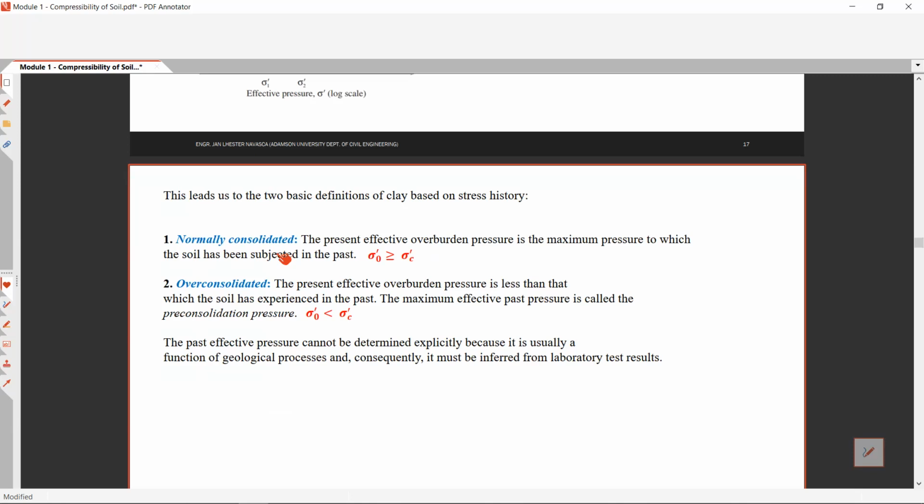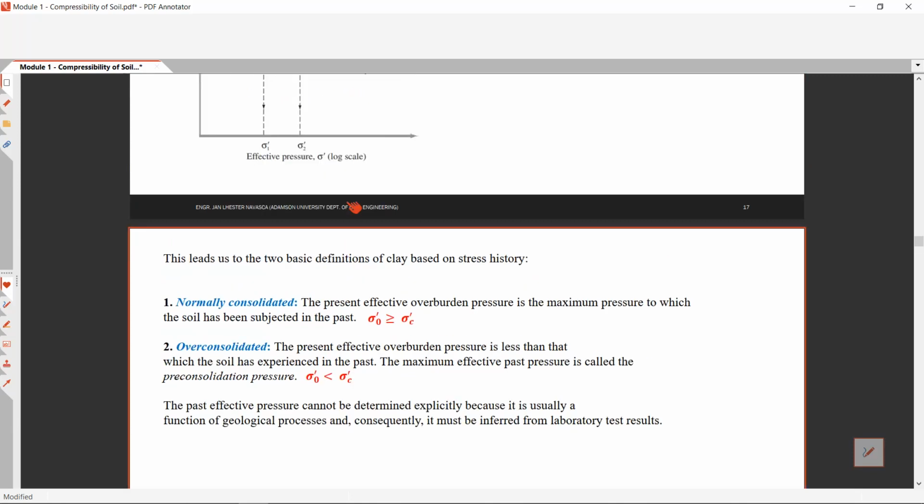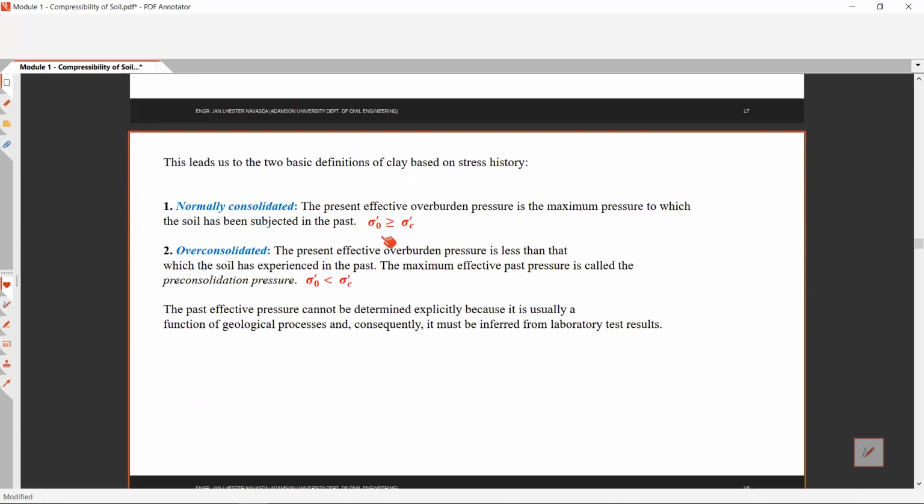Ibig sabihin, yung effective stress at the middle of the clay layer is greater than or equal to the pre-consolidation pressure. Yung pre-consolidation pressure, yun yung pinakamataas na effective stress na naramdaman niya in the past.